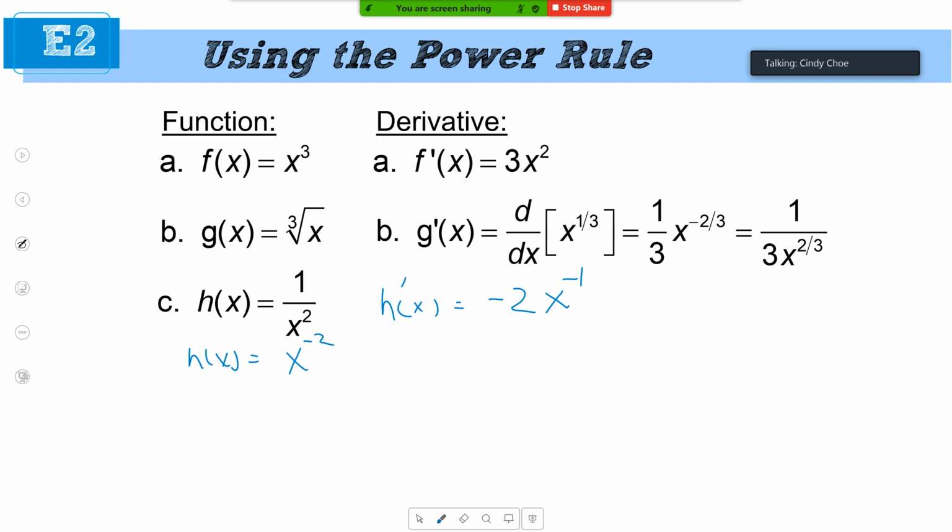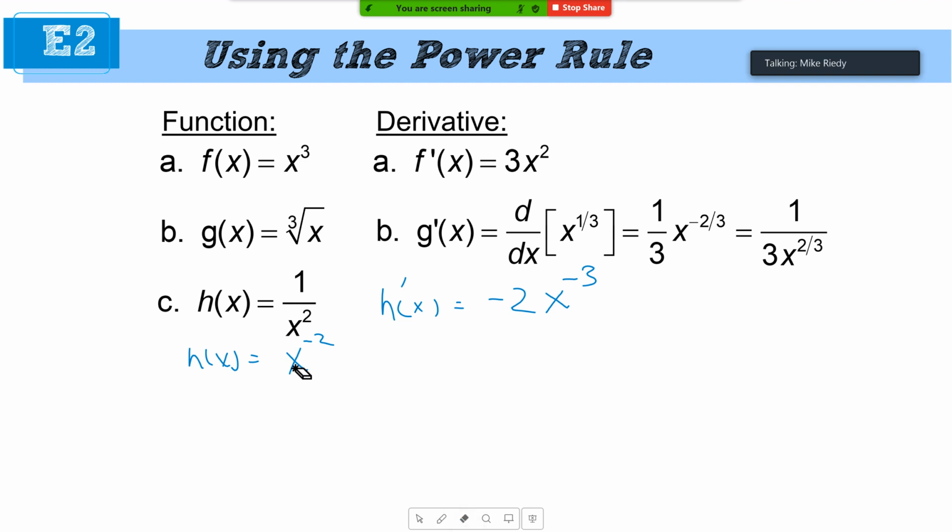Good. And so then you take the exponent and put it out in front. Oh, if you subtract it by 1, then it would be... Yeah. Very, very common mistake because negative 2 minus 1 is negative 3. Right, okay. Good.